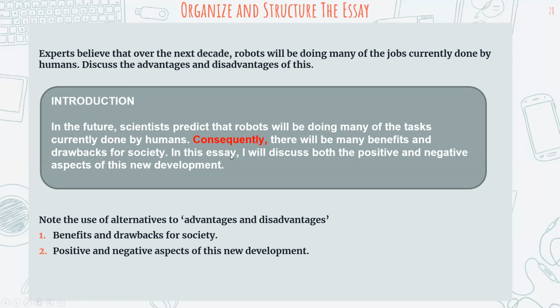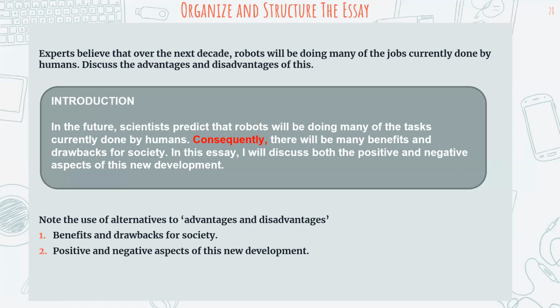In this essay, I used this sentence. It's very important that you use this sentence. I will discuss both the positive and negative aspects of this new development. Of course, this is a reference to the question. Robots will be doing many of the jobs currently done by humans. Okay, so this is also a very good thing to do. Use references.